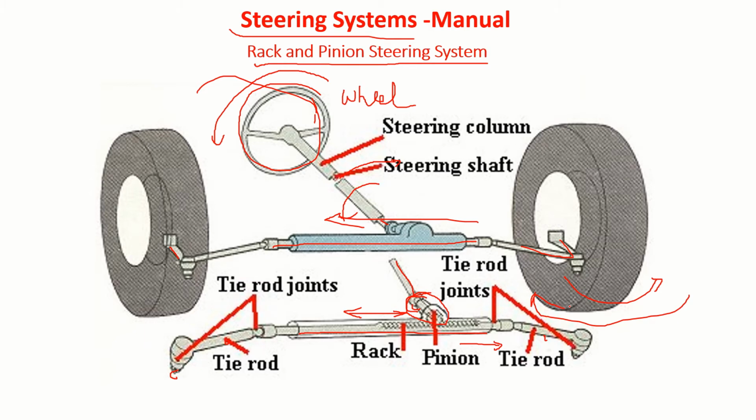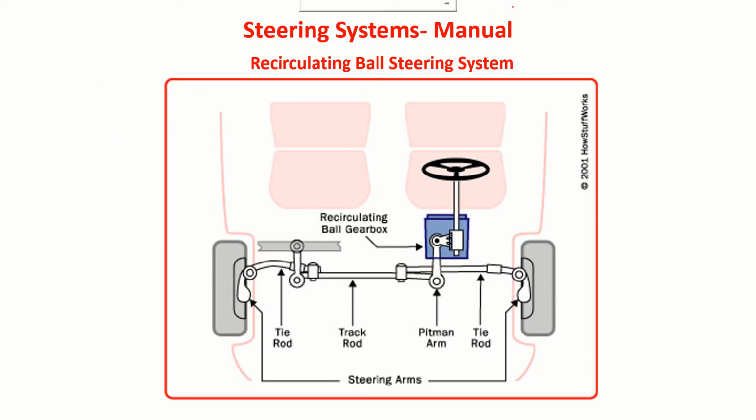That's how the rack and pinion steering system works, and it is the most simple and very popular one. In some of the vehicles, you can find a recirculating ball steering system. Sometimes it is known as the pitman arm steering system.